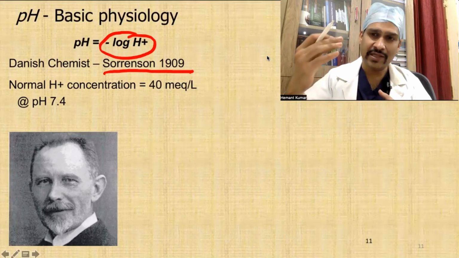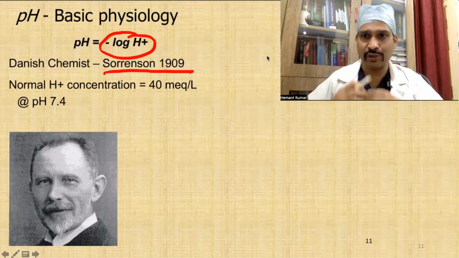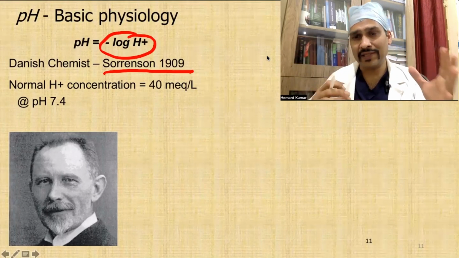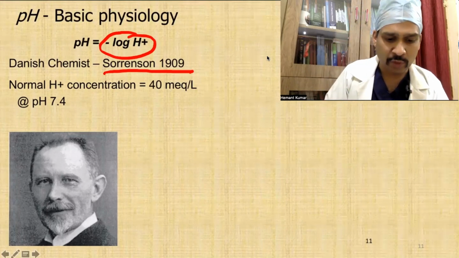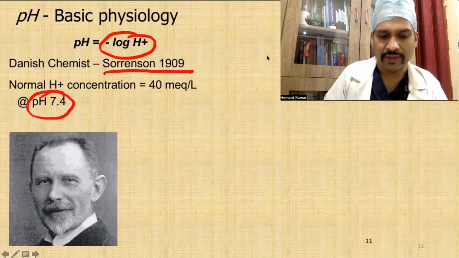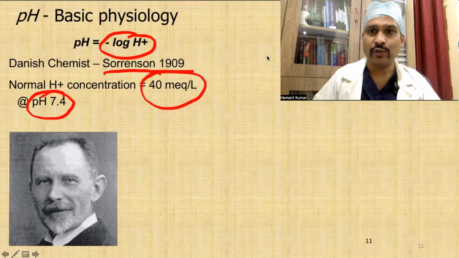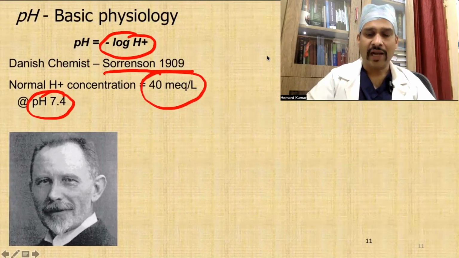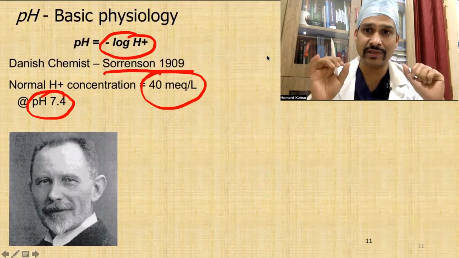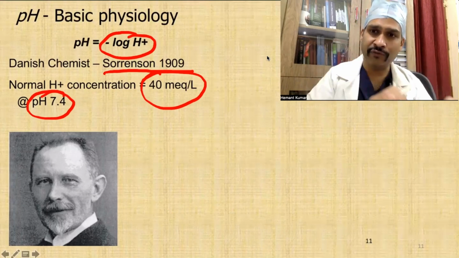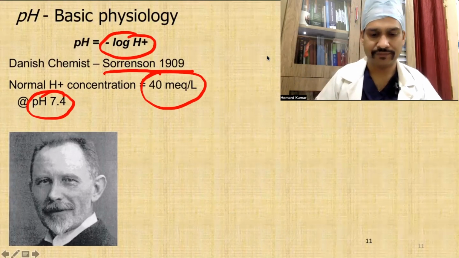If pH is high, H ion concentration is low. If pH is low, H ion concentration is high. At a normal pH of 7.4, the hydrogen ion concentration is 40. We have to remember this rule of thumb: 7.4, 40.